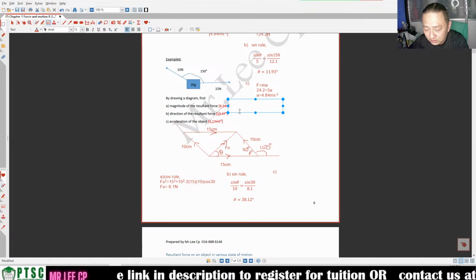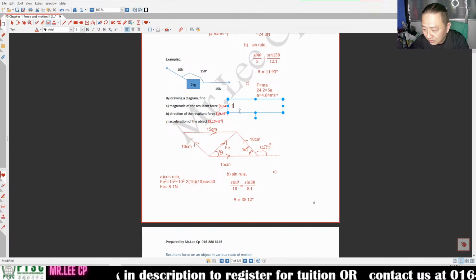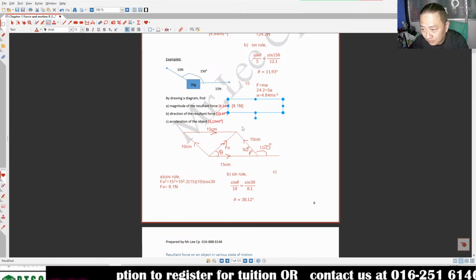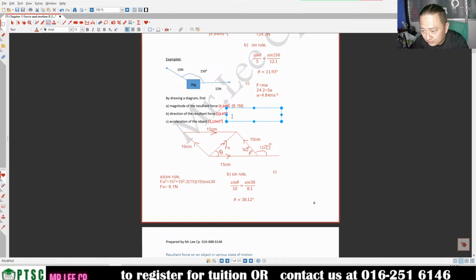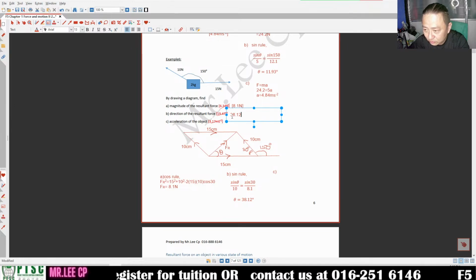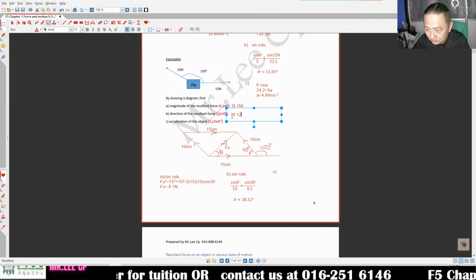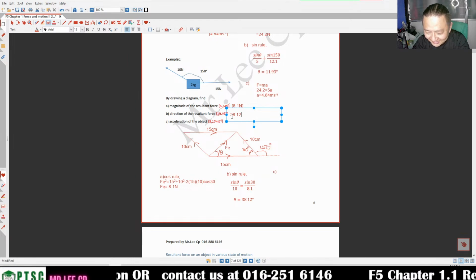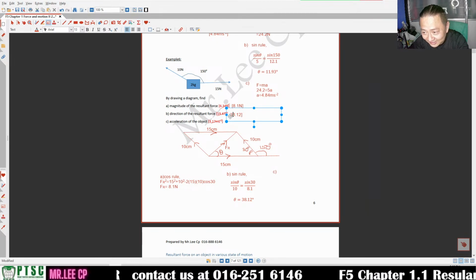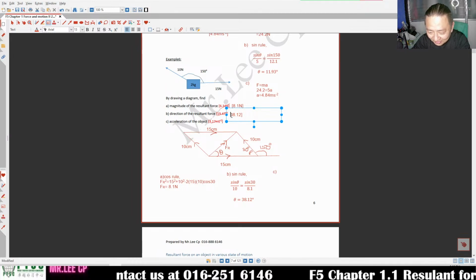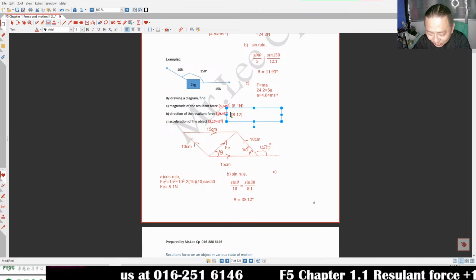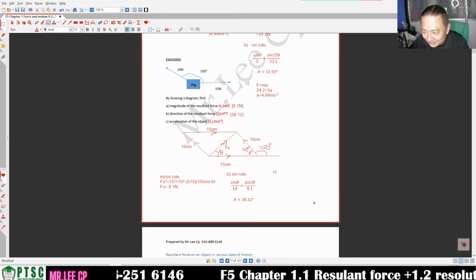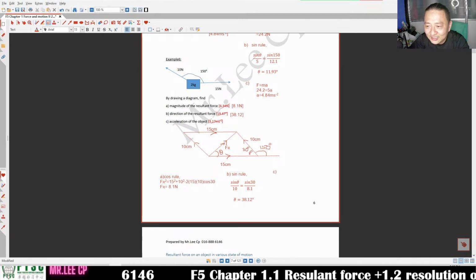The answer will be 8.1 Newton and 38.12 degrees. Here it is hard for me to write degree. I don't write degree, because if I want to write degree, I need to go for that equation, susah lah.